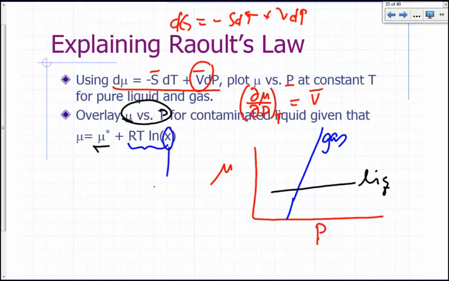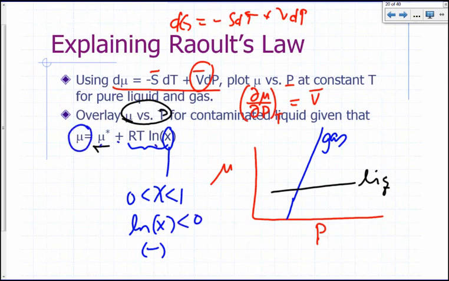Because X, the mole fraction, is going to be a number between 0 and 1, right? So ln of X would be a negative number. So mu star plus a negative number: the chemical potential in the liquid will be lowered when it's contaminated. So your liquid will now have a lower chemical potential.